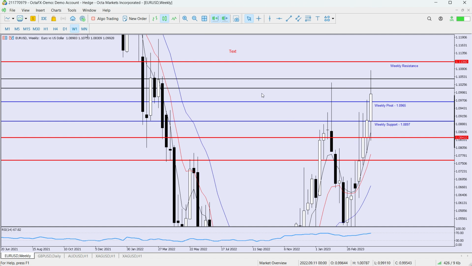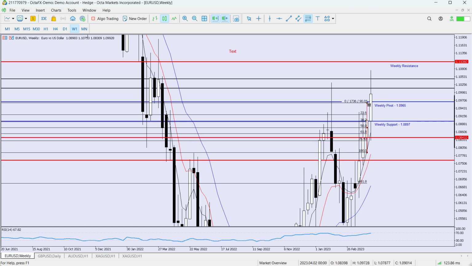In the same way, those are the monthly levels in red colors. Here we have a blue color which is already marked. This is the weekly support, as I told, 1.0897. This is where exactly the price can come from here. We can draw a Fibo retracement for last week just to explain how the price can come up to here.